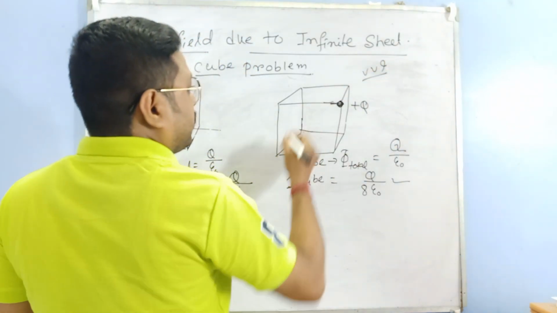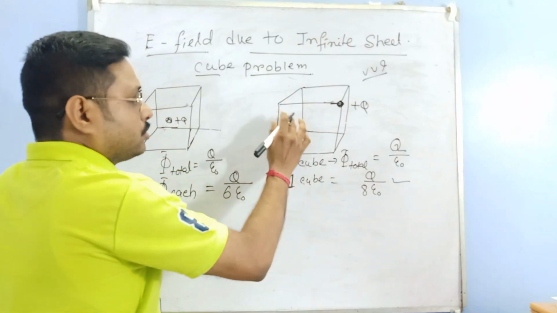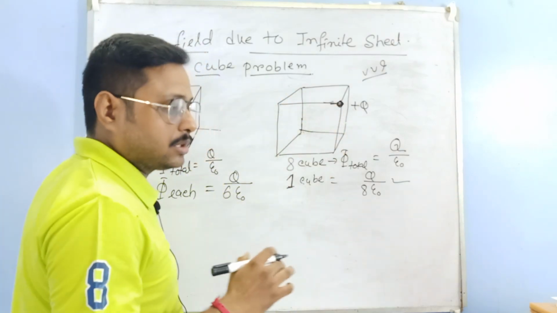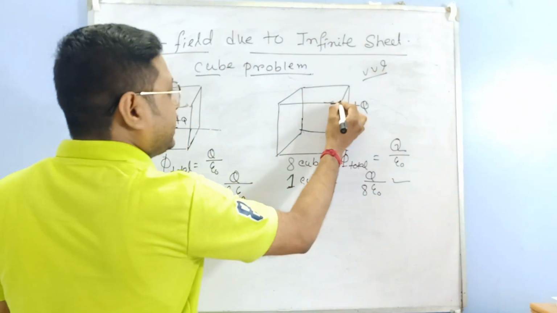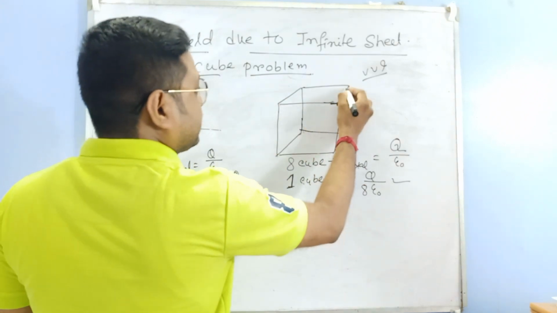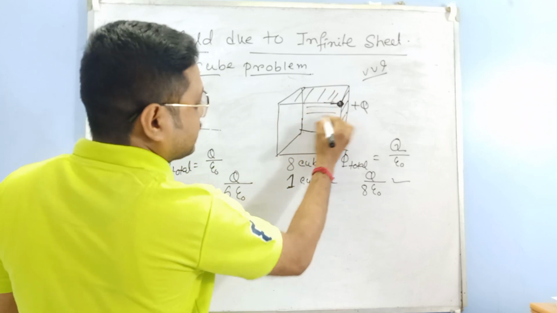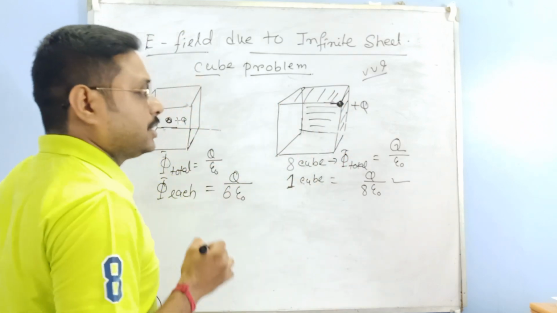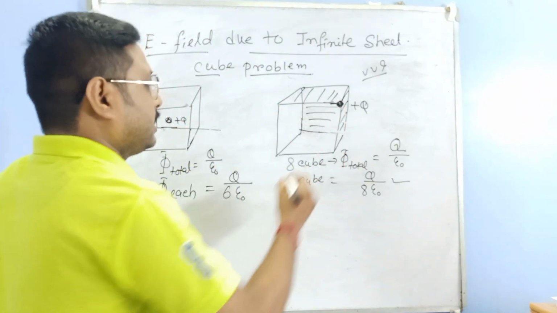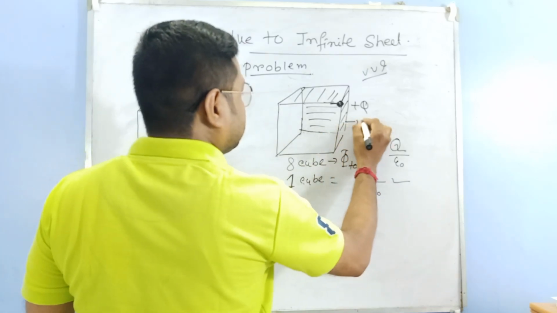Here only the flux through 3 faces is considered, because the other 3 faces meet at this corner, this upper face and this face meet at this point. So here the flux is 0.